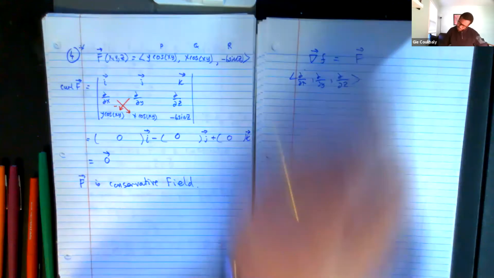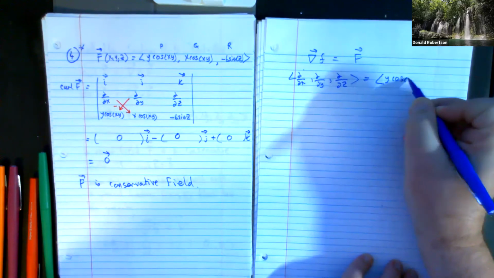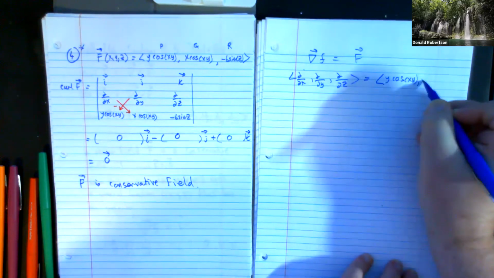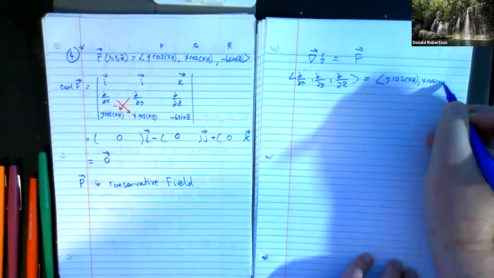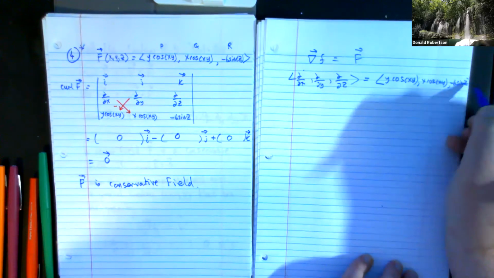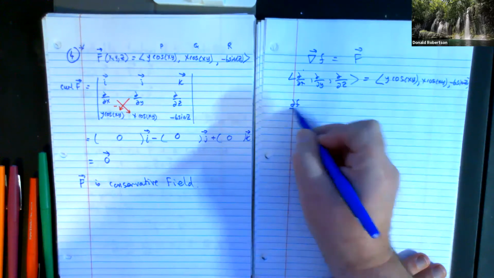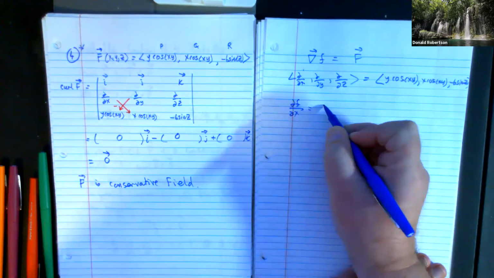So we know that it's P, Q, and I. Okay, let's see. df by dx is going to be this guy.